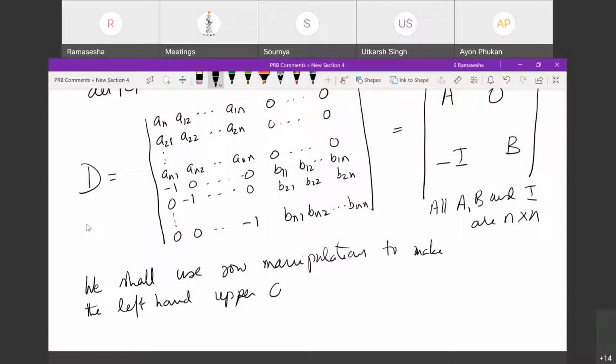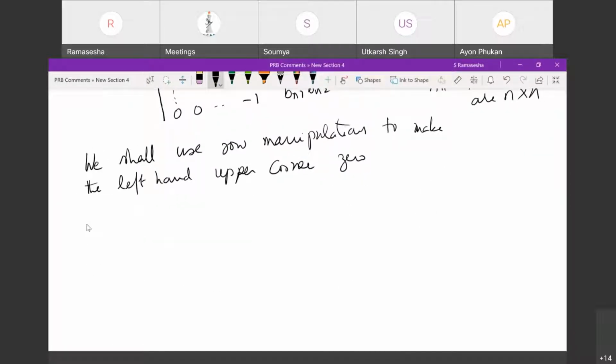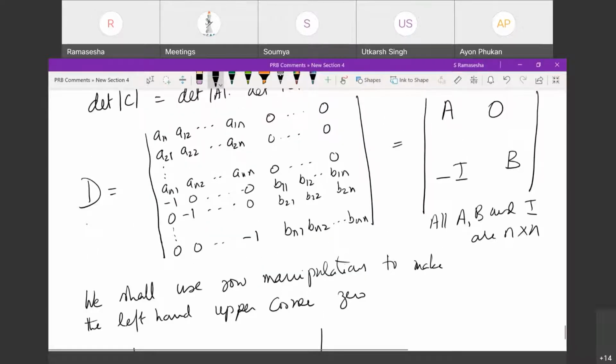The way you can do it is the following. I have to multiply row n plus 1 by A11 and add it to row 1. If I do that, I'll get the following.